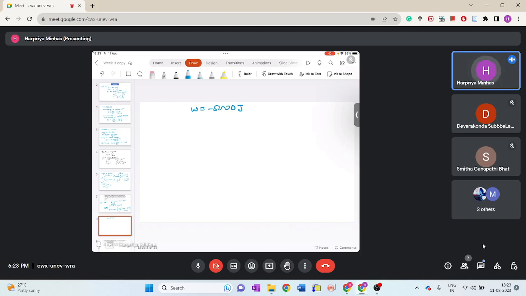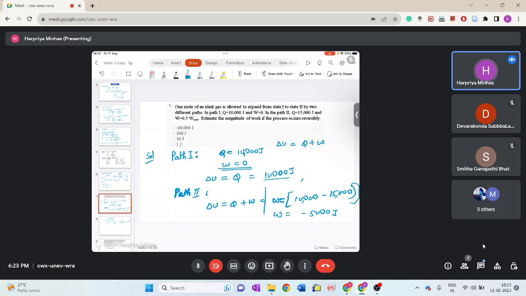And in the equation it is given that our work equals 0.5 of W max, right? So for W max we can find it by putting the value of W that we got, 5000 upon 0.5, and we are getting minus 10,000 joule. So yes, our answer is option A. I hope everyone is getting option A.